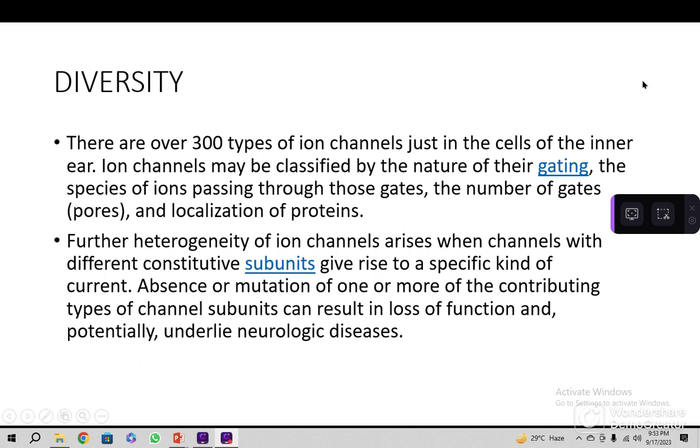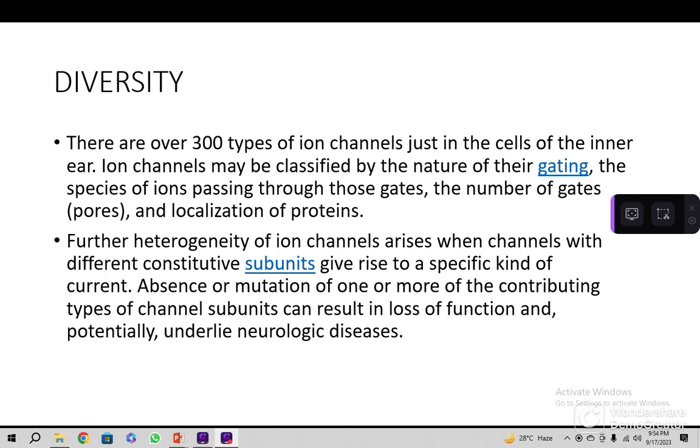As far as diversity is concerned, there are 300 types of ion channels, and they are specifically gated. Depending upon the type of gate, they open and allow other ions to pass through. There is also localization of proteins, which should be specific.